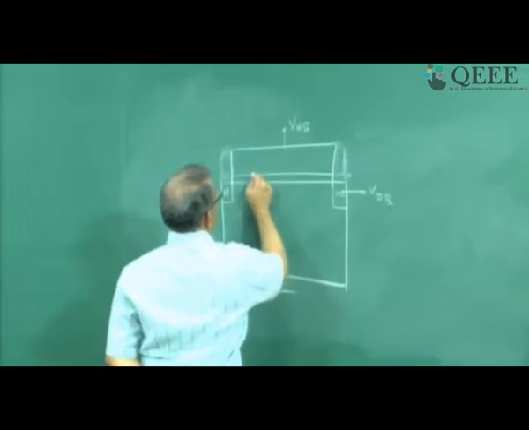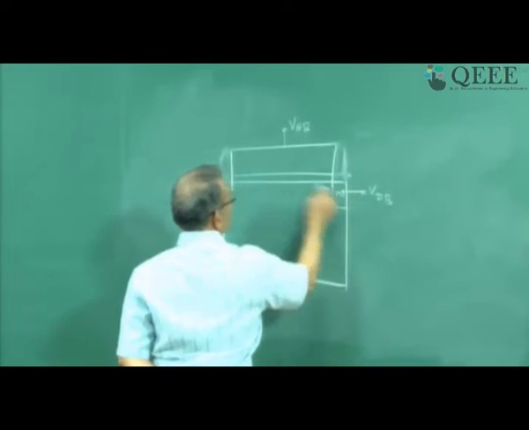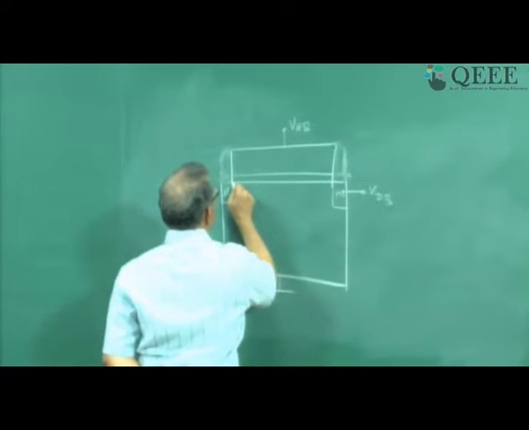So here the voltage is VGB, but since I applied a VDB and there is an inversion layer, voltage is going on changing.